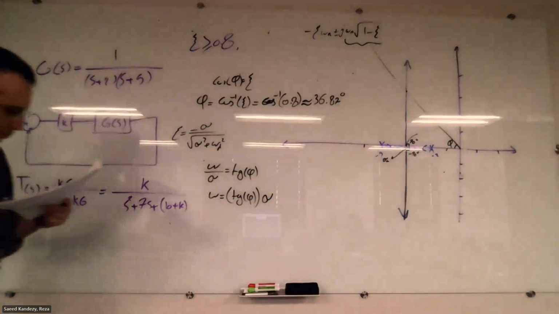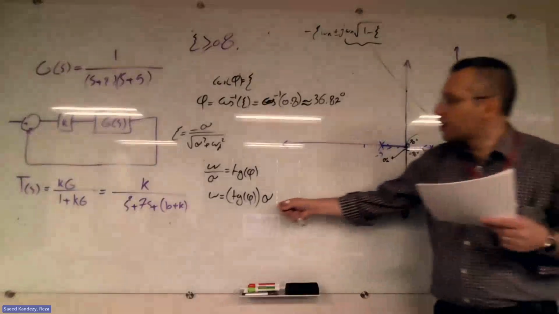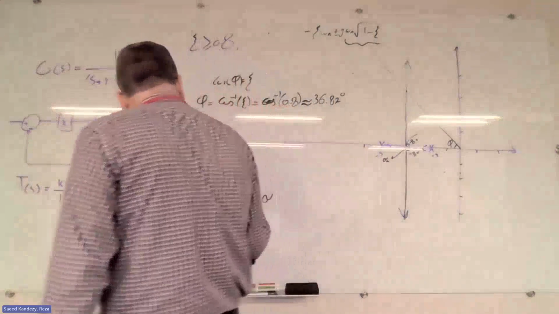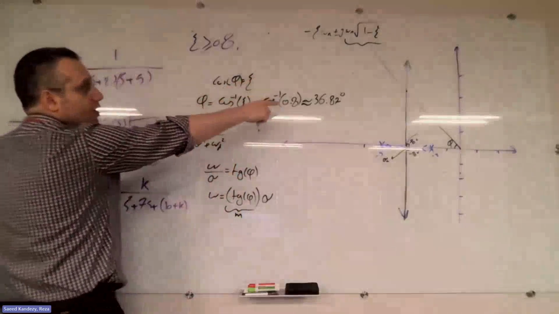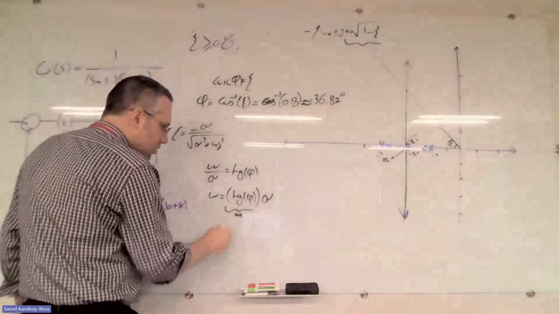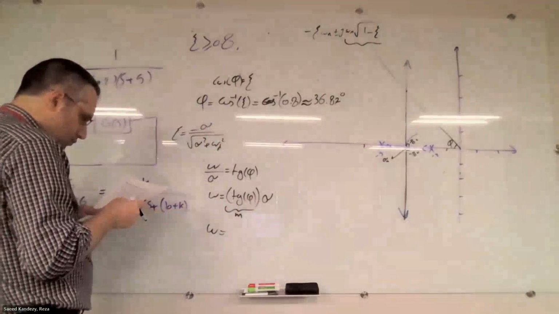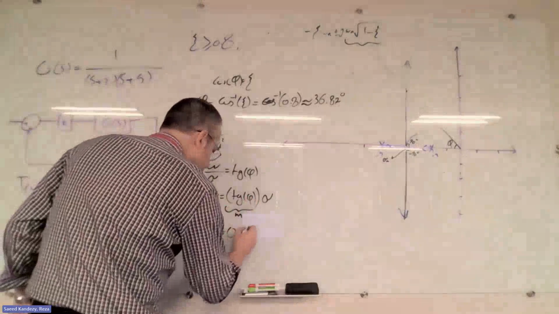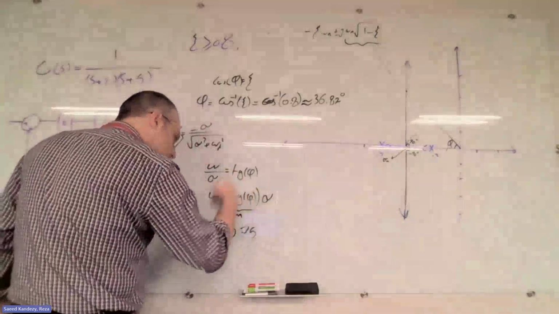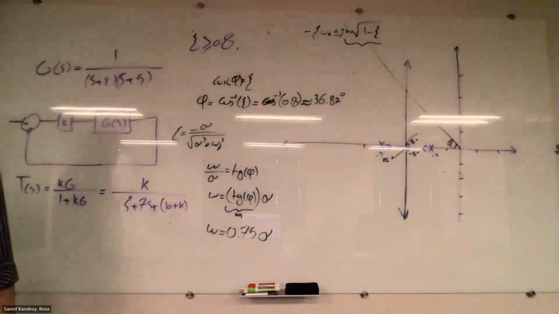Now, in our case, let's call this one M. In our case, the phi is 36.87. That means this tangent, or this M, is going to be 0.75. So omega is going to be 75% of the delta.